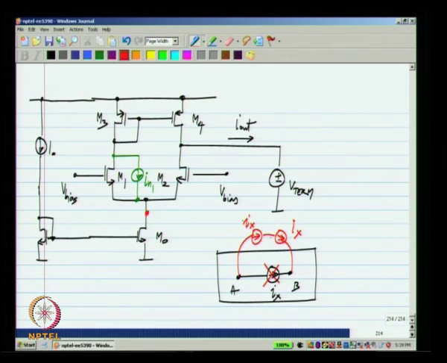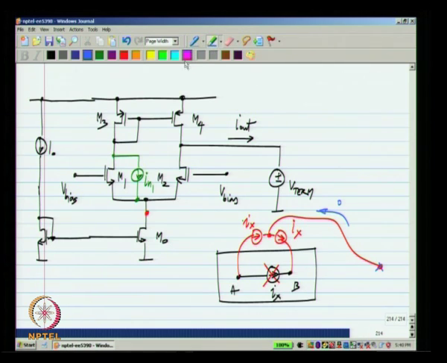Now, if I take this node and connect it to any other node, again it will not affect the circuit because these two currents are by definition identical and the current flowing here will be 0. So, I could connect it to any other node without affecting KCL at that node and consequently without affecting the circuit. Okay.